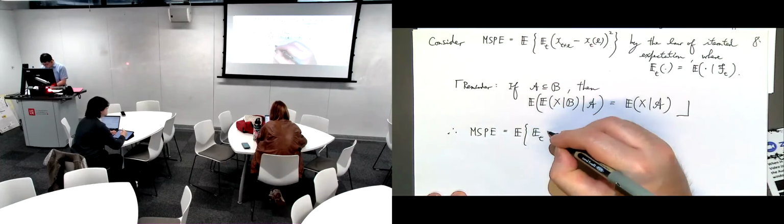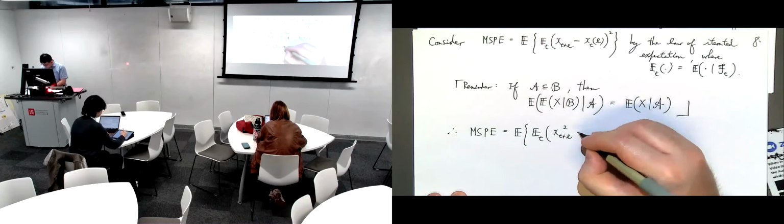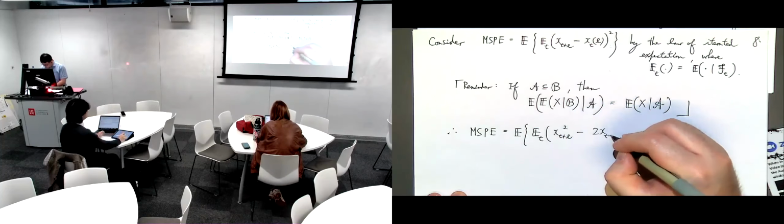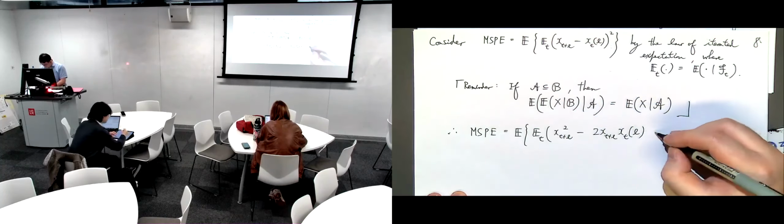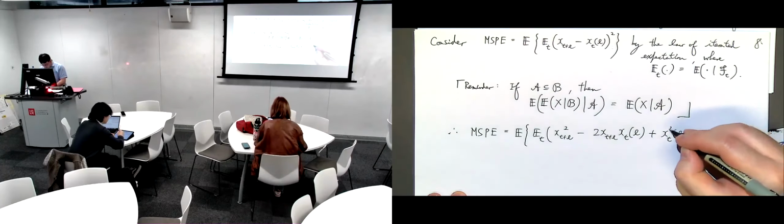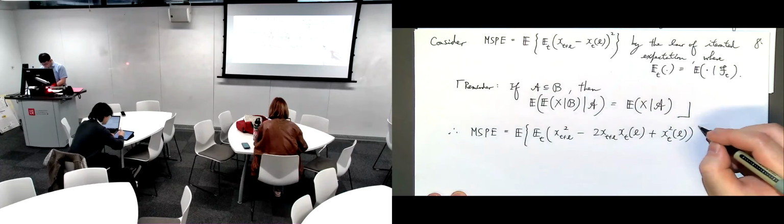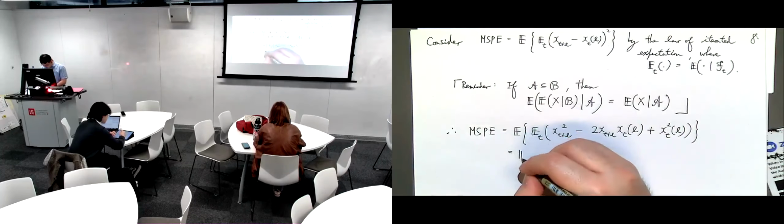Let's expand this first. This is X_{t+L} squared, minus 2 X_{t+L} times X_t bracket L, plus X_t bracket L all squared. And this is what?